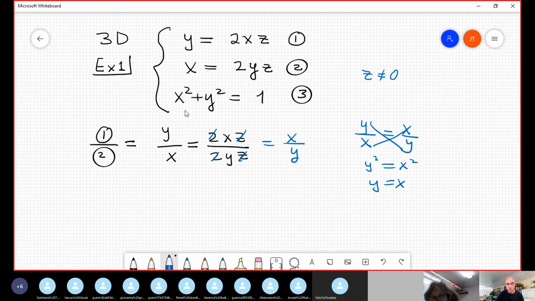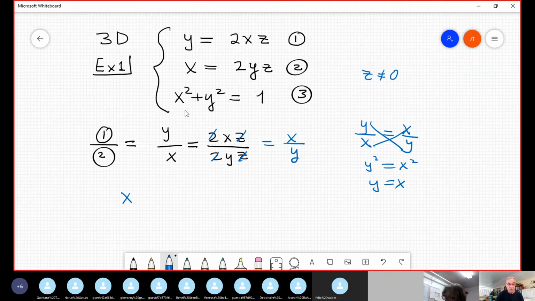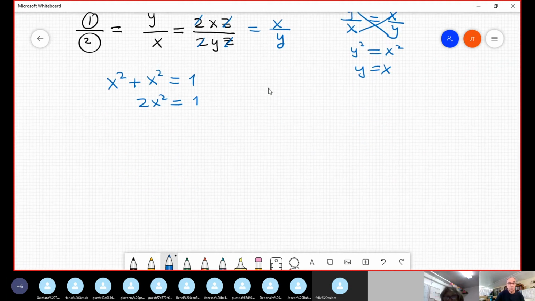And then I go to equation 3, which is 2d. So you have x squared, and instead of y squared I copy x squared again because x and y are the same, equal to 1. The 2x squared equals 1, divided by 2, x squared is equal to 1/2.